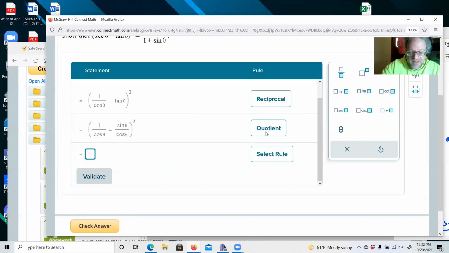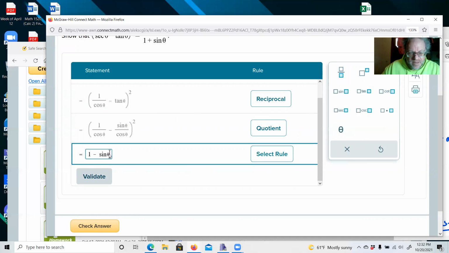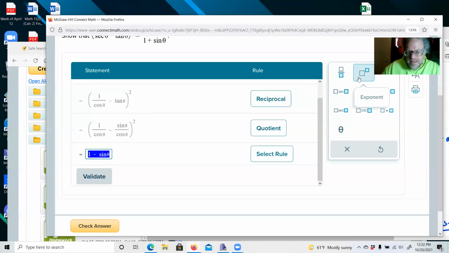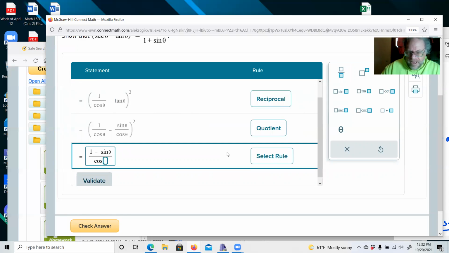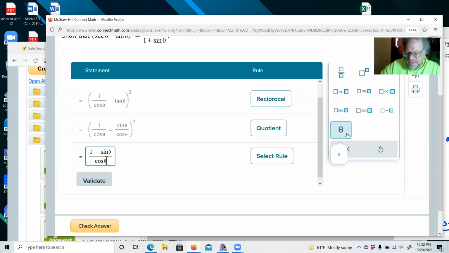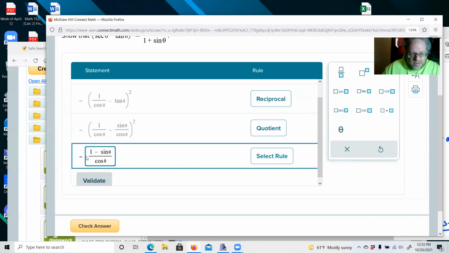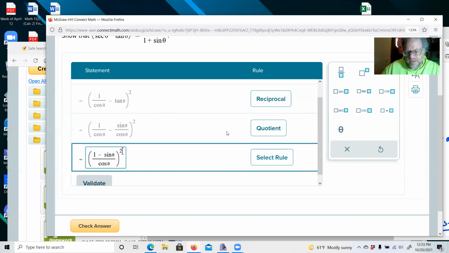Okay, so this is going to be 1 minus sine theta over cosine theta, and we need parentheses, and squared.